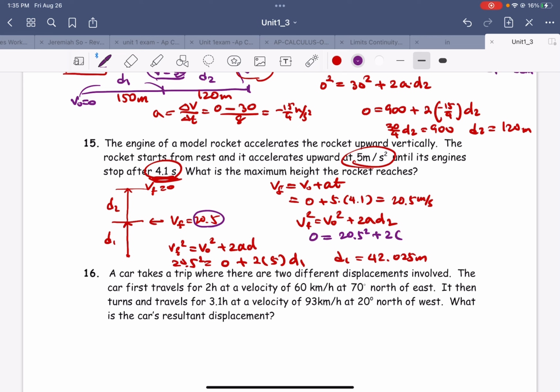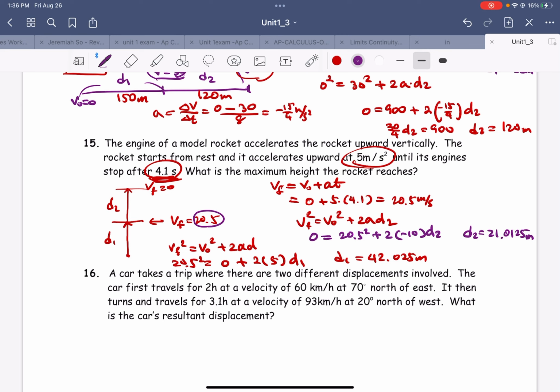In this case it's only gravity, so negative 10, times D2. 20.5 squared divided by 20, so I got D2 is 21.0125 meters.